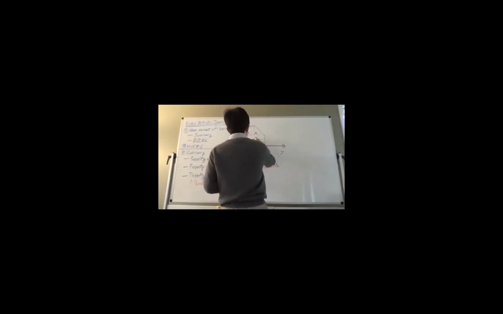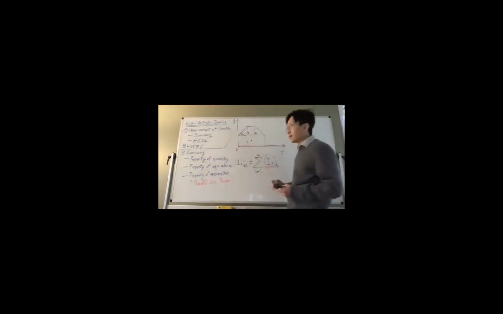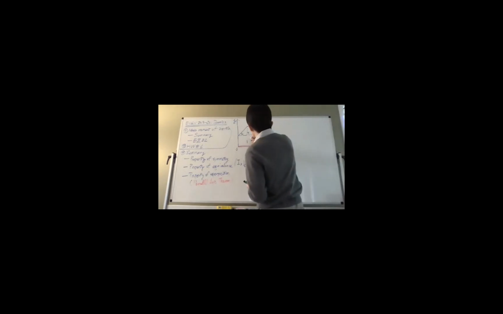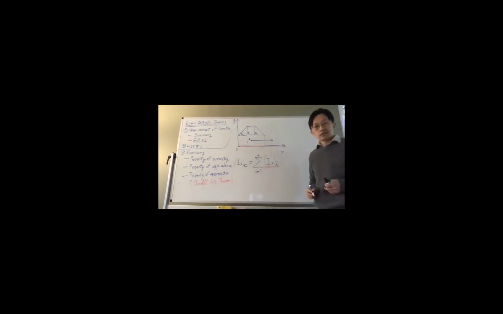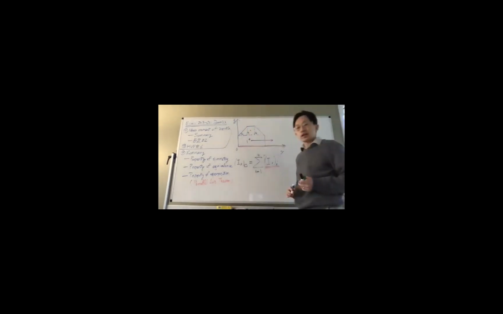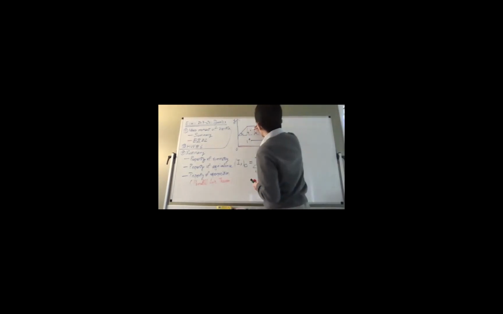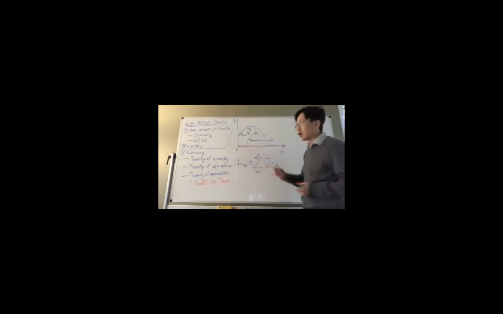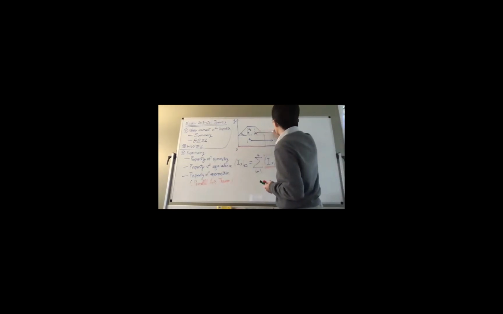For the rectangle, for shape 1, we know this is the G. We also know the center of gravity for this rectangle, which you can call G1, G3. For the triangle, it is 1/3 from the base.